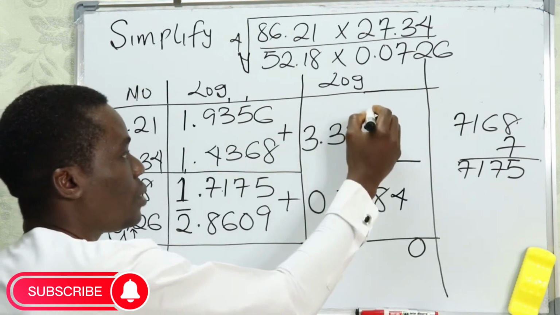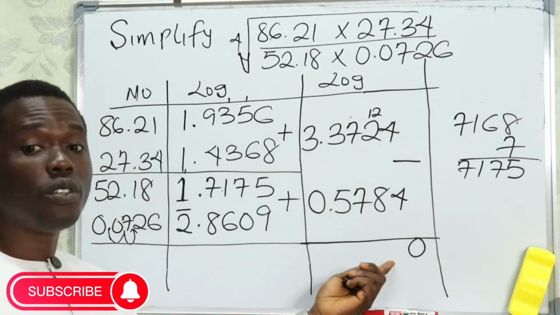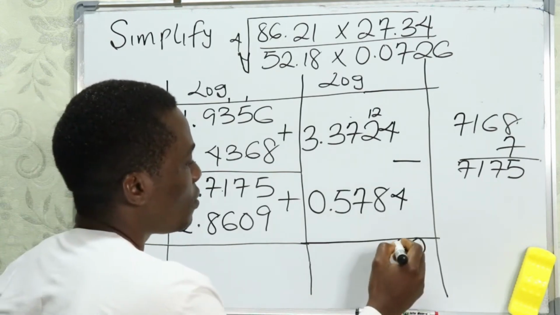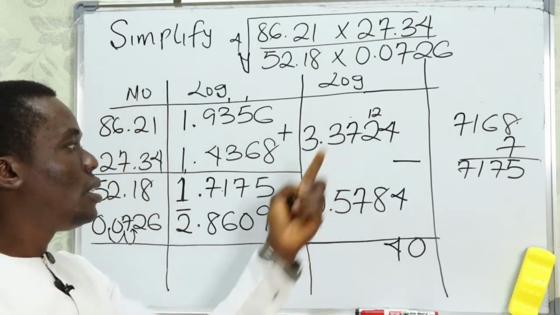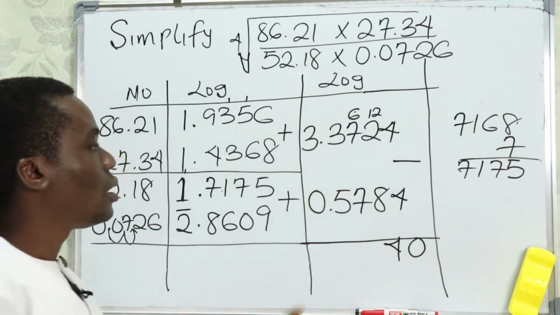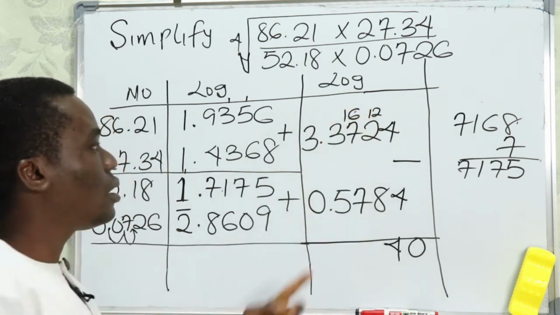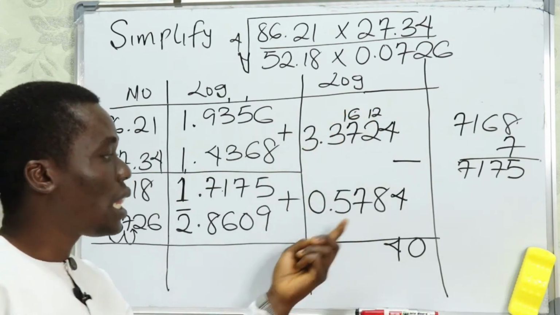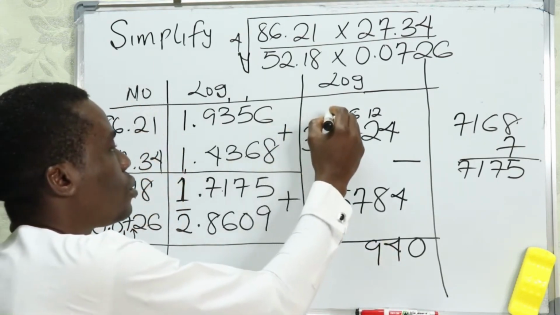We'll put 1 here to make here 12. 12 minus 8 will give us a 4. Right? Good. Now this is remaining 6. 6 minus 7 is not possible. We'll take 1 from here to make it 16. 16 minus 7 will give us 9. So we'll write 9 here.